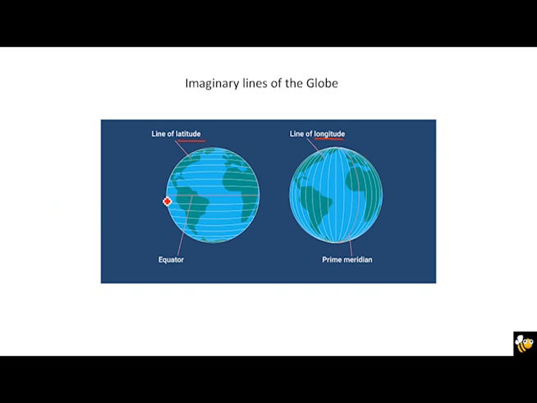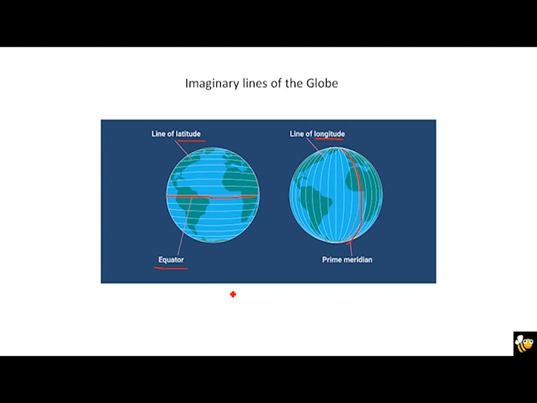In the lines of latitude, the main line is the equator. In the lines of longitude we have the prime meridian, the main imaginary line which is vertical.